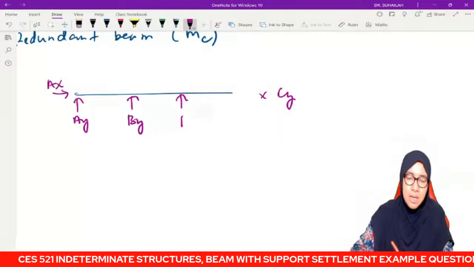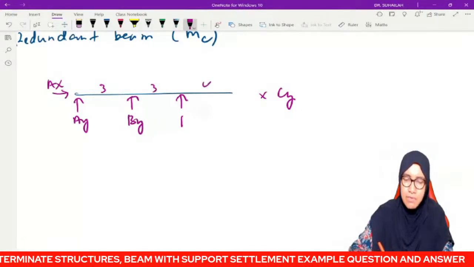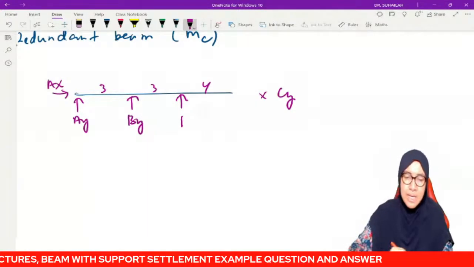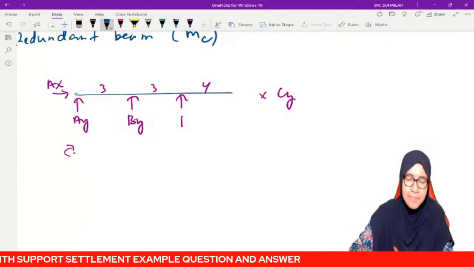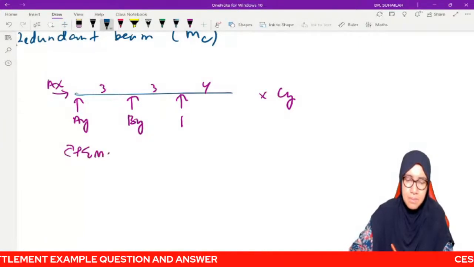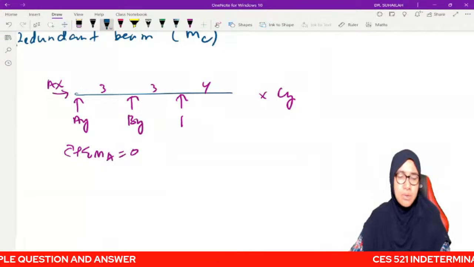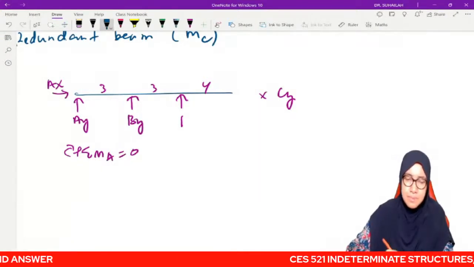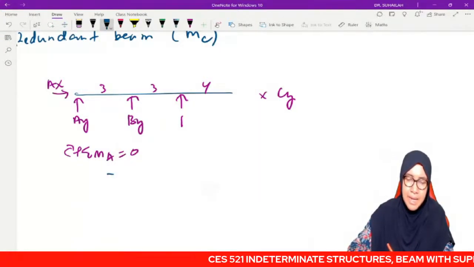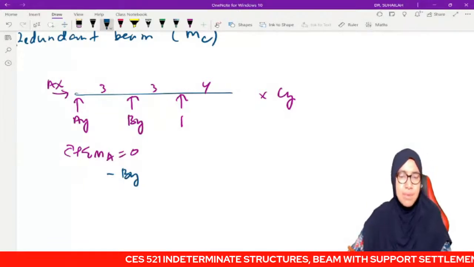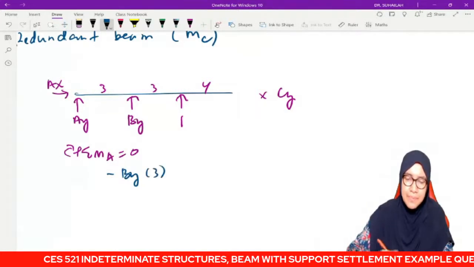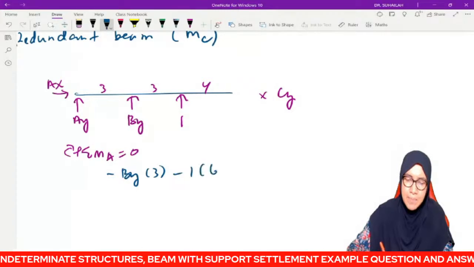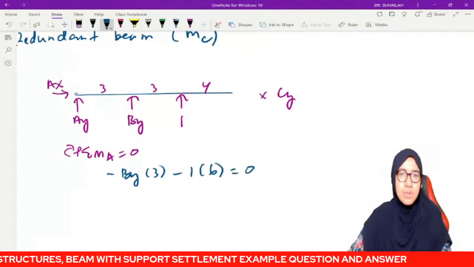So this is 3 meters and 4 meters. Taking moment at A equal to 0, we get negative BY times 3 minus 1 times 6 is equal to 0.